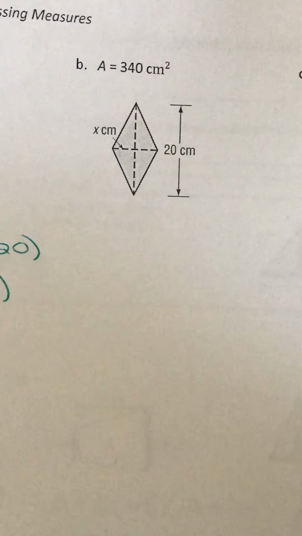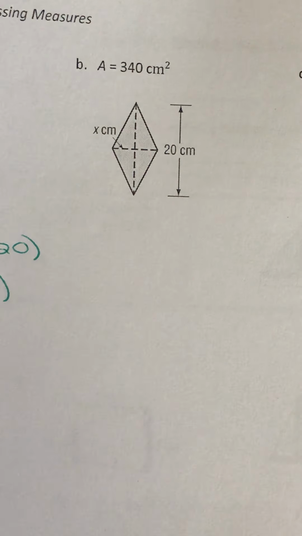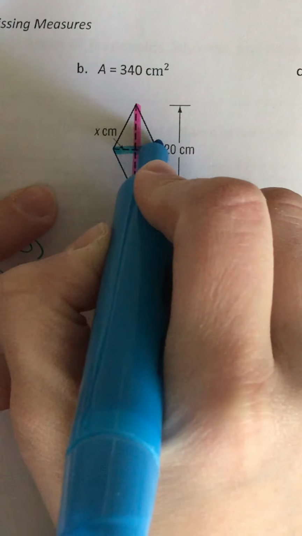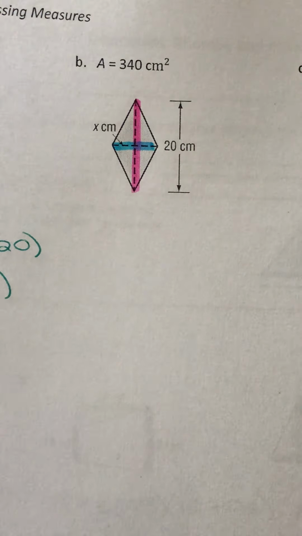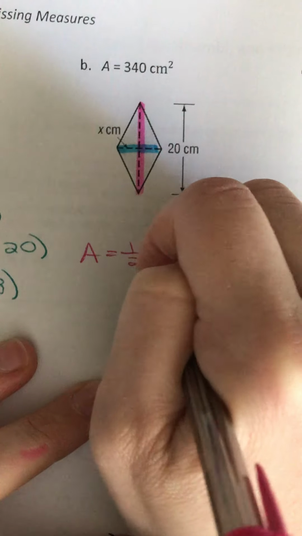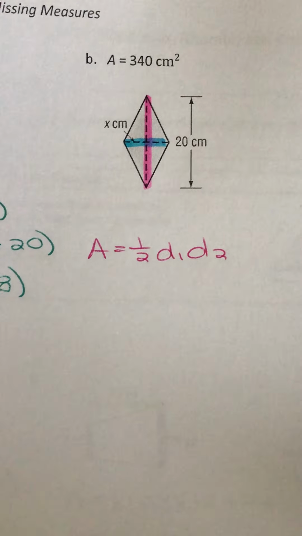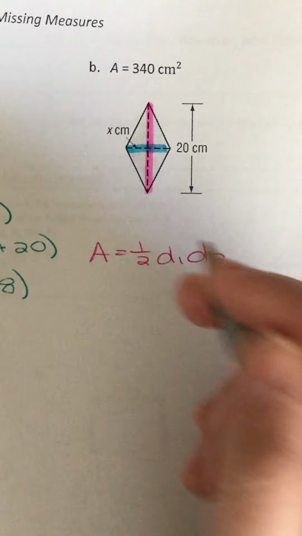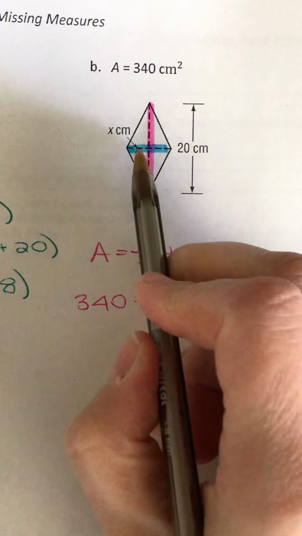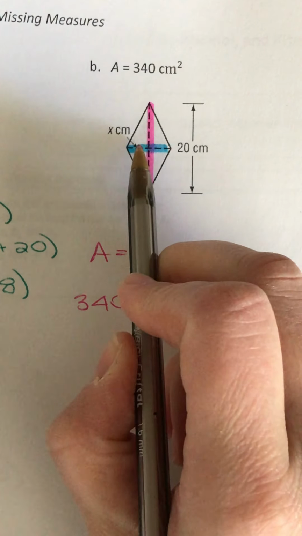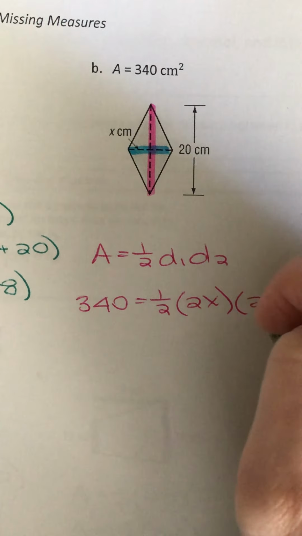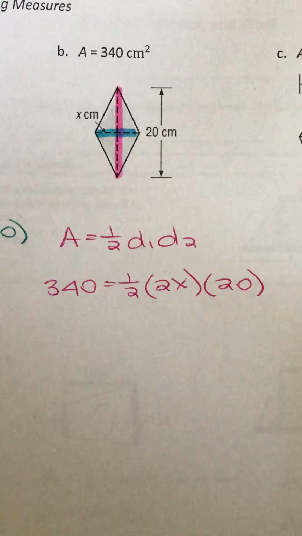The next one is a rhombus. So I have my two diagonals. If you remember, this formula is 1/2 diagonal 1 times diagonal 2. They tell me my area is 340. My first diagonal, this is x, but the whole thing's not x. So if I have x and x, it's going to be 2x, and my other diagonal is 20.